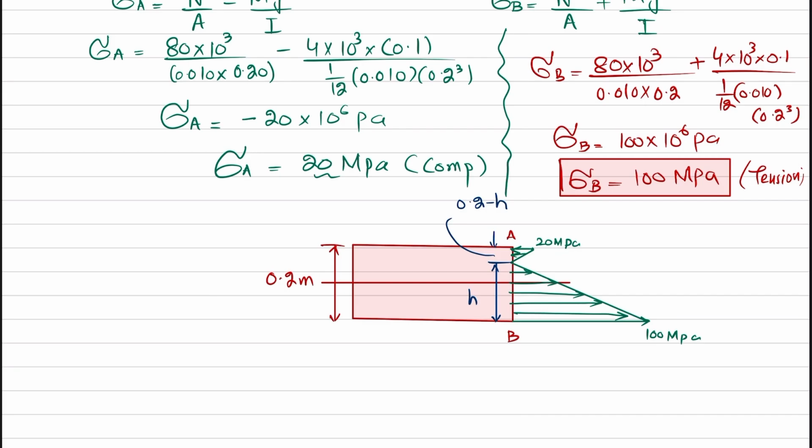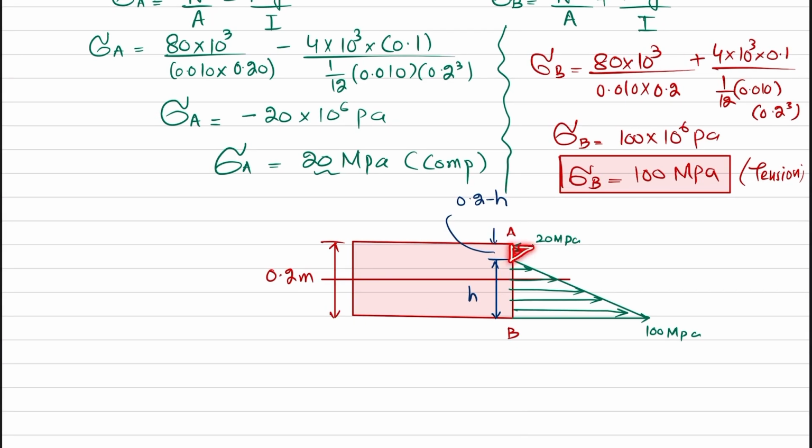Now you can see we have two similar triangles, one is this one and other one is this one. So if we take the ratio, 0.2 minus h divided by the maximum stress 20, that will be equal to h divided by 100. Why? Because these are similar triangles, so the ratio of their sides will be equal.